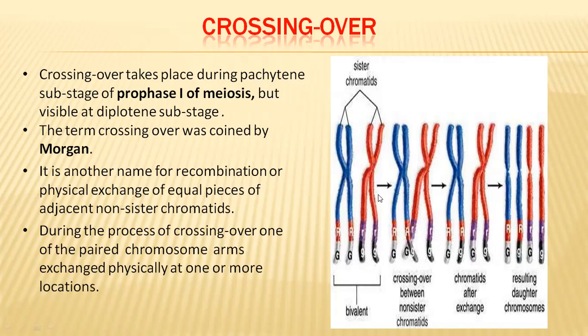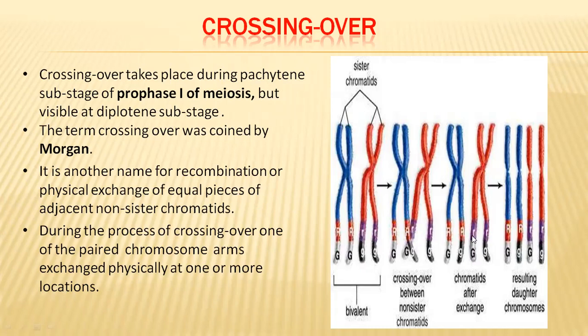So here in crossing over, what happens? One non-sister chromatid comes in contact with another non-sister chromatid, and these two non-sister chromatids, upon contact, will exchange their parts. So after this crossing over is finished, again, they will be separated.